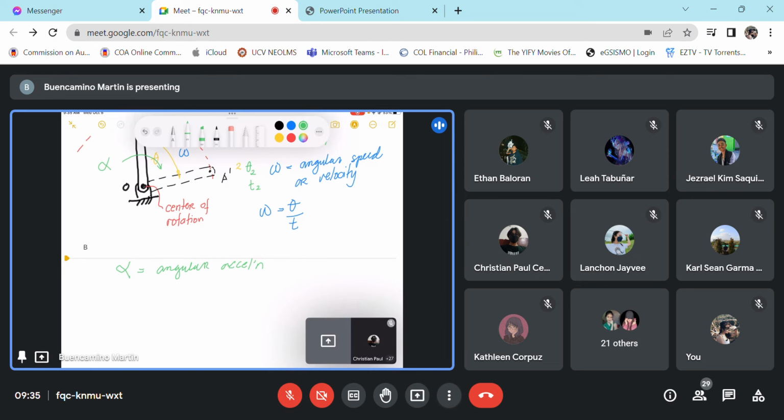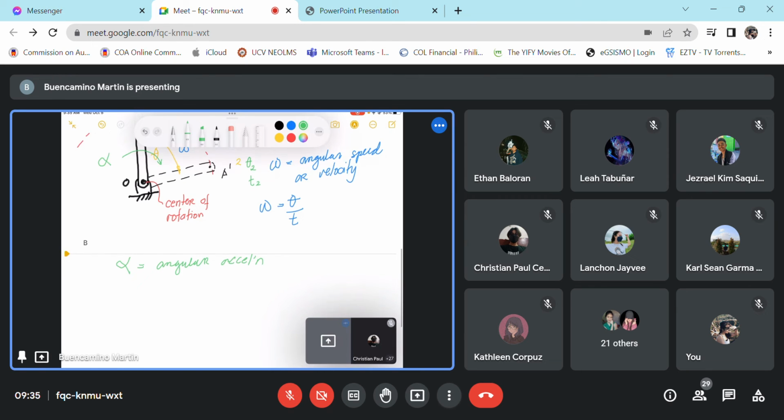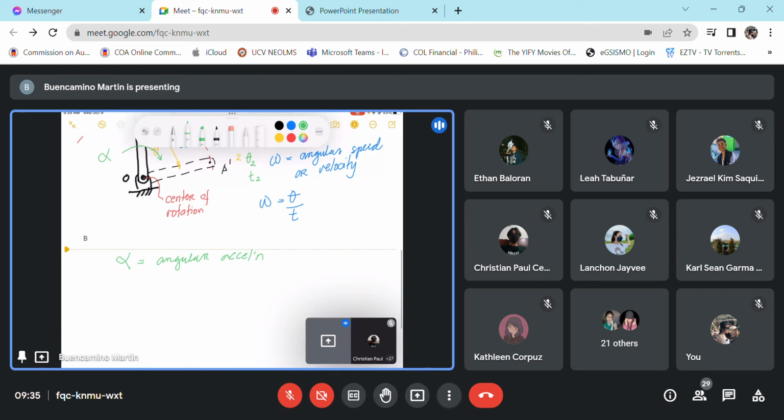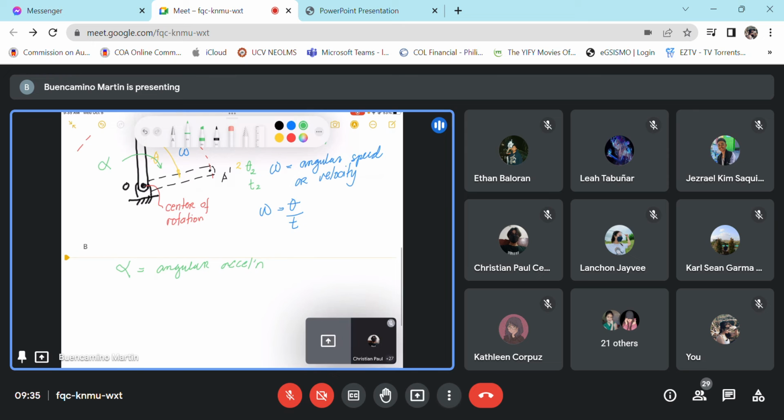Okay, angular acceleration, we define this class as the change in angular velocity with respect to the change in time. Okay. Or to simply put, we now have this as omega over t.